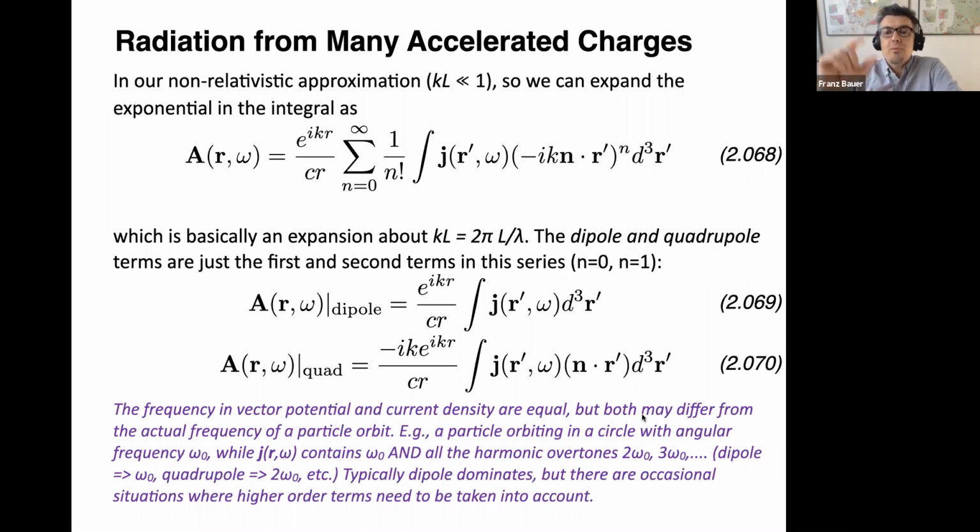But what's important to note here is that these could actually differ from the actual frequency of a particle orbit. So if a particle is orbiting in a circle with an angular frequency omega naught, this charge potential contains this, but it also will contain all of the overtones as well.